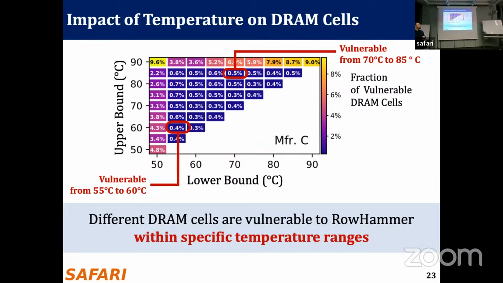We basically test between 50 and 90 degrees Celsius, so we do not test 95 degrees Celsius. The population that accumulates at 90 degrees Celsius on top actually includes the cells that will go to 95, 100, 105. It's just because of our methodology.